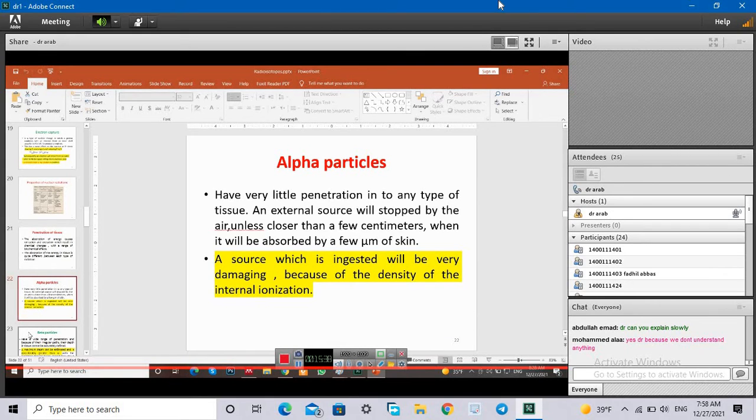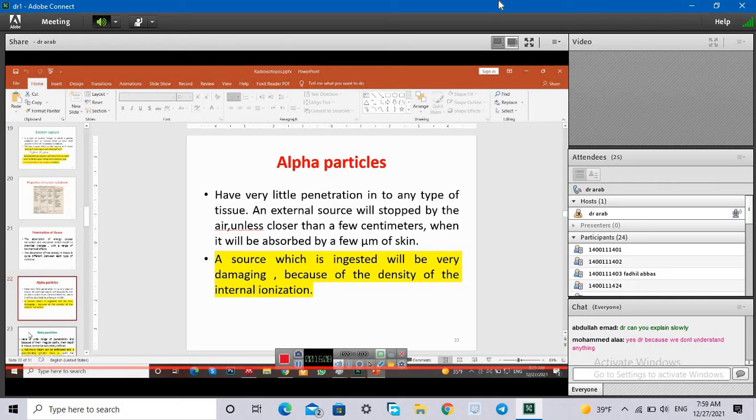It is important to know that when we are facing an external source that emits alpha particles, it is not very dangerous, but when we are facing an internal source that emits alpha particles, it is very dangerous. We can conclude a source which is ingested will be very dangerous because the density of the internal ionization is very high.